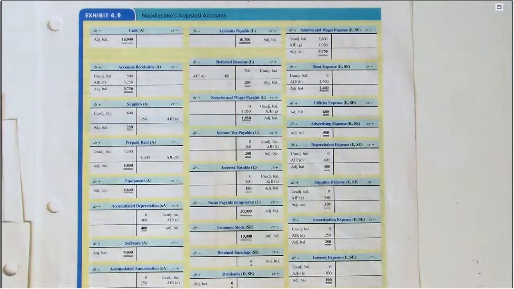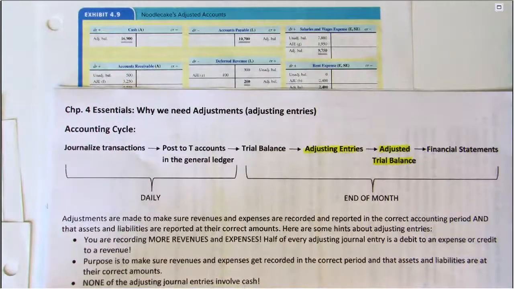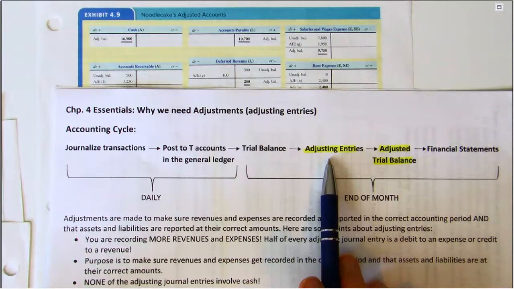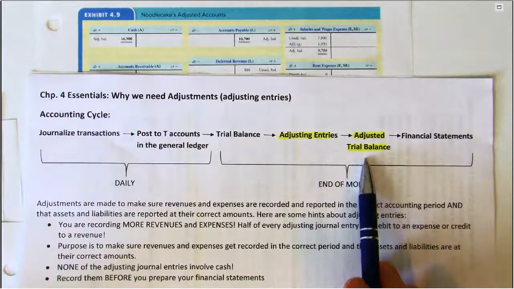Let's go to our Accounting Essentials handout for just a moment. The adjusting entries have been prepared and posted. Our next step is to prepare the adjusted trial balance.